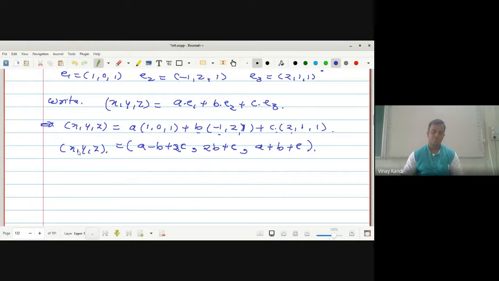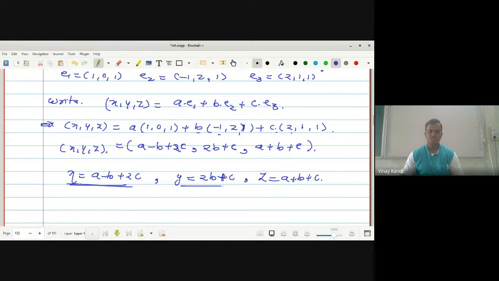Now comparing the coordinates, we get x is equal to a minus b plus 2c, y is equal to 2b plus c, and z is equal to a plus b plus c. Any doubt? So now here we have three equations and three unknowns a, b, c. Now you have to find the values of a, b, and c in terms of x, y, z.